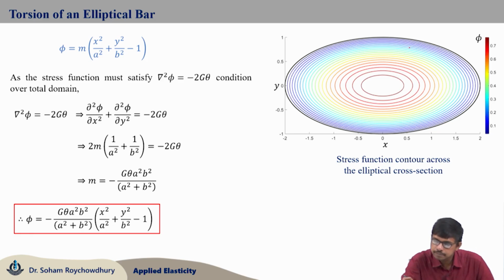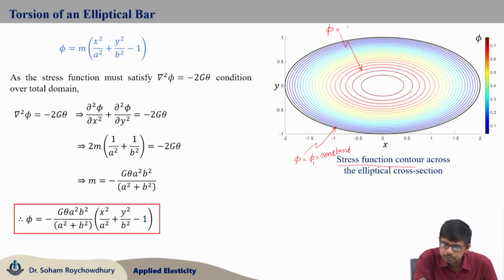So all these ellipses are stress function contours. For each of these ellipses, phi is constant. Let us say here phi equals phi 1, which is a constant. If you take another one slightly on the inner side, there phi equals another constant, phi 2.